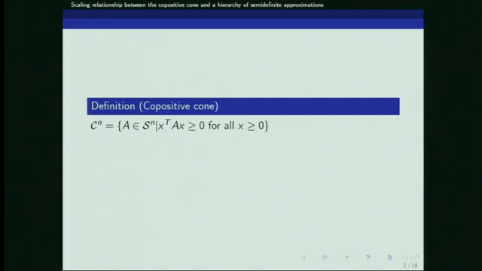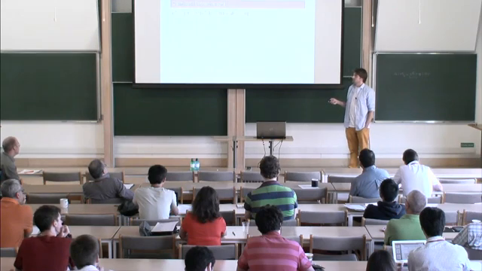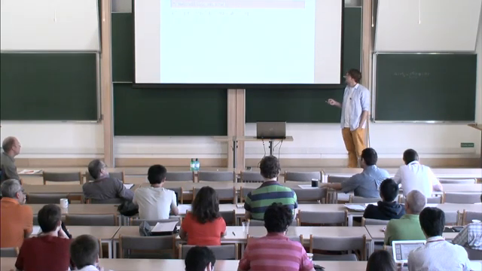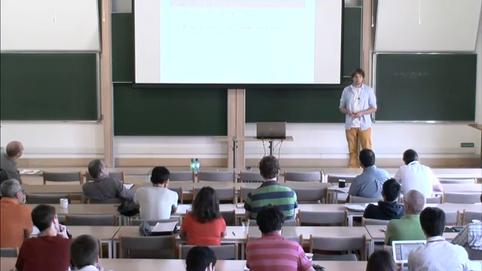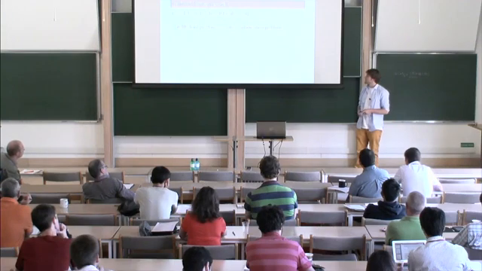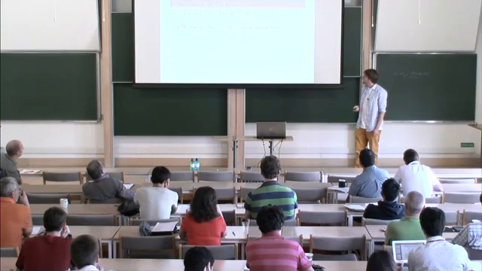The reason that people have become interested recently in these types of cones is that it allows us to translate all sorts of NP-hard problems as linear optimization problems over the copositive cone.